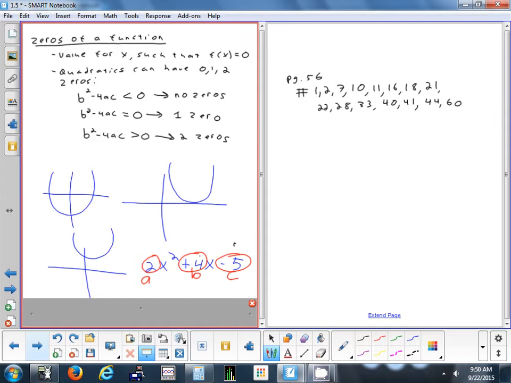It won't tell you where. If it comes out less than 0, it'll never cross. If it equals 0, it'll just hit it one time. And if b squared minus 4ac comes out more than 0, it'll cross twice. So that formula is a little shortcut to find how many times it crosses the x-axis.